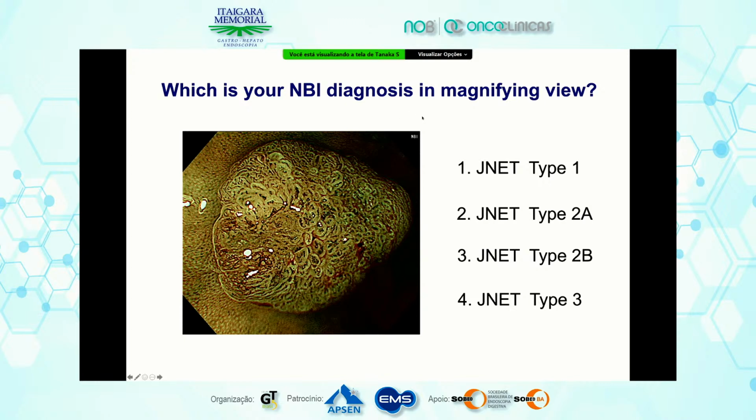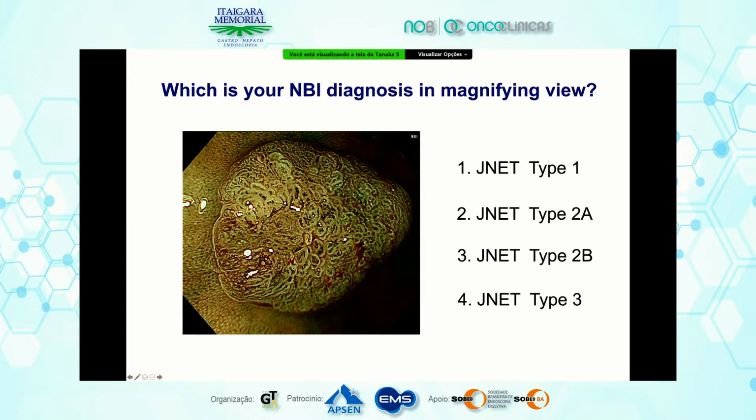Show me the result. To be type 3. Difficult. You can see surface pit-like irregular structure.